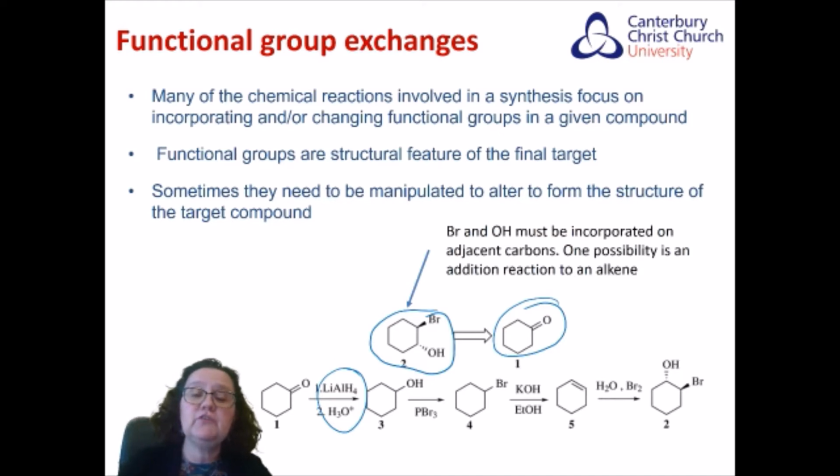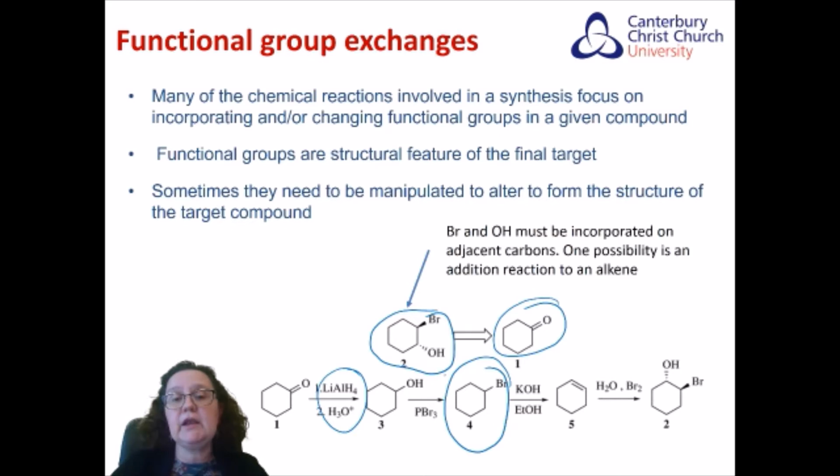It's much easier if you have a halogenated compound. So the next step is to prepare a brominated compound from the alcohol formed from the reduction. And then using a strong base, potassium hydroxide, for example, you can form the double bond.